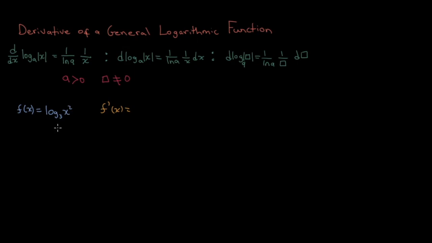So to evaluate that derivative, we just follow this format: 1 over ln a times 1 over box times d box. So 1 over ln 3 times 1 over x squared times the derivative of x squared.